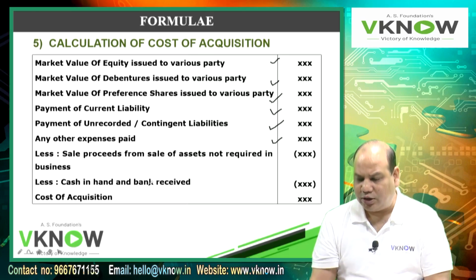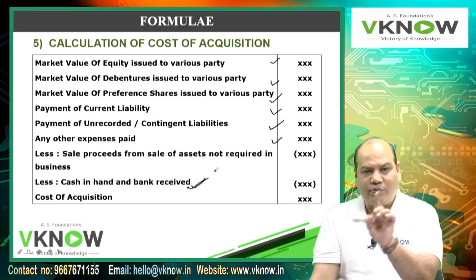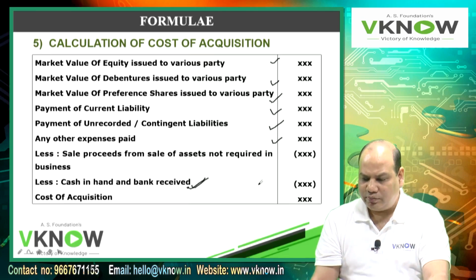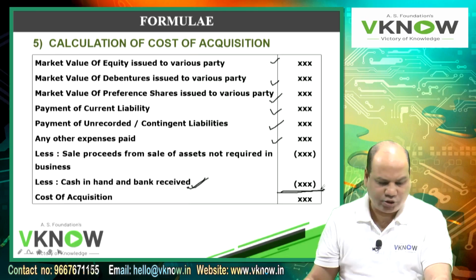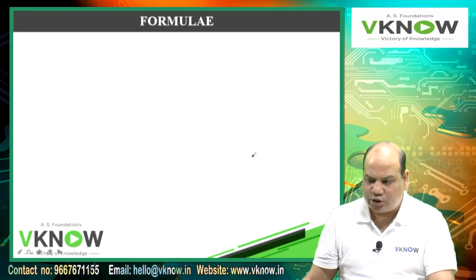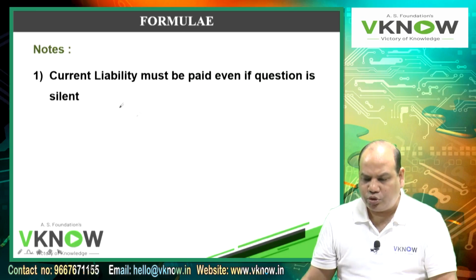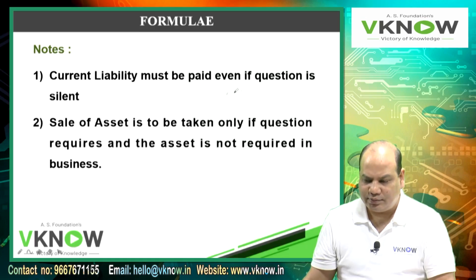minus cash in hand and cash at bank received. This may not be mentioned in the adjustment, but if cash and bank is appearing in the balance sheet of the target company, you will deduct it, and the net amount is called net cost of acquisition. There are 3 notes relating to this. Note 1: current liability must be paid even if the question is silent.